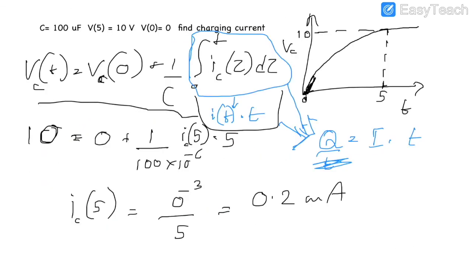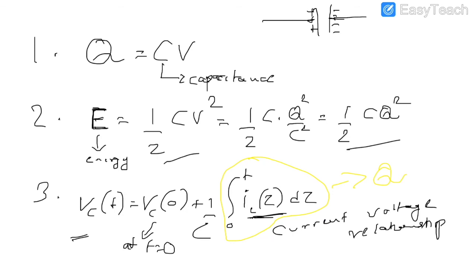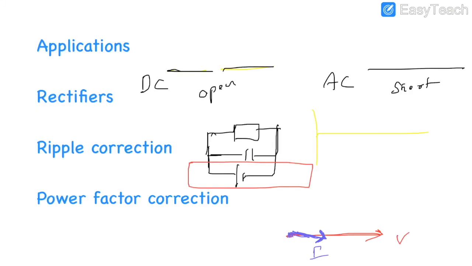So pretty much when it comes to capacitors, these are all the things that you can get asked in the fundamentals of engineering. Let's run through them real quick. So we've got a capacitor's parallel plate, and it's a way of storing charge. And we have 3 basic formulas, very important to remember: one relating charge with voltage, one relating energy with voltage, and one relating voltage with current.